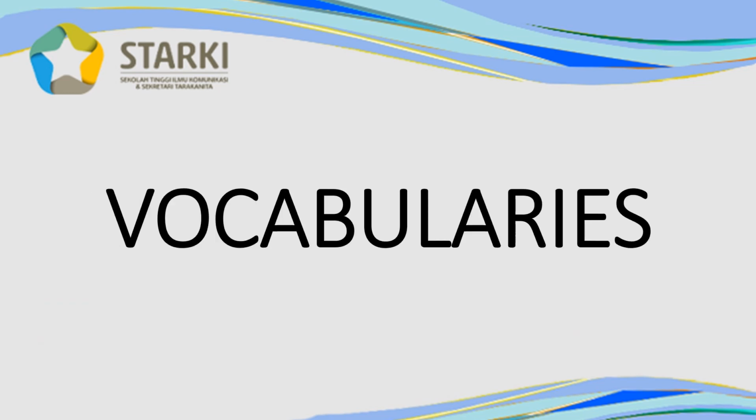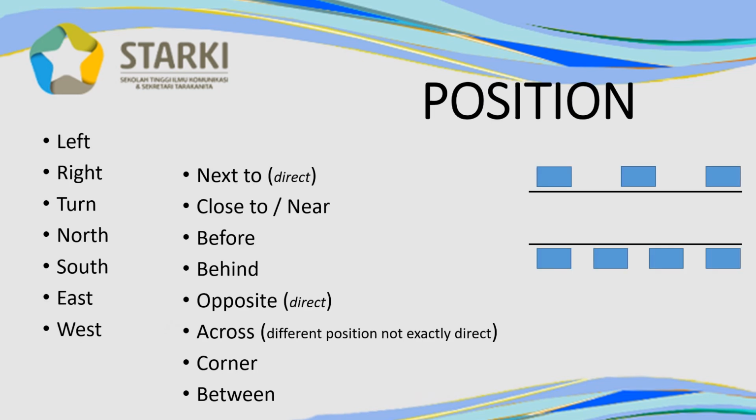First of all, we are going to see the vocabulary, although I know that surely you are already familiar with the vocabulary for giving directions. The simple ones are, for example, left, right, turn, and then north, south, east, and also west.